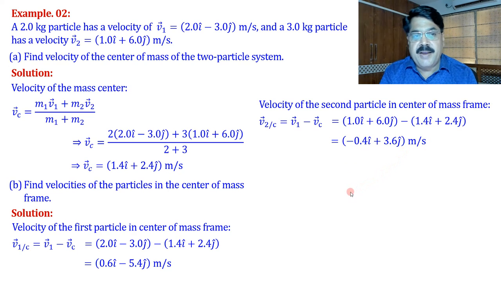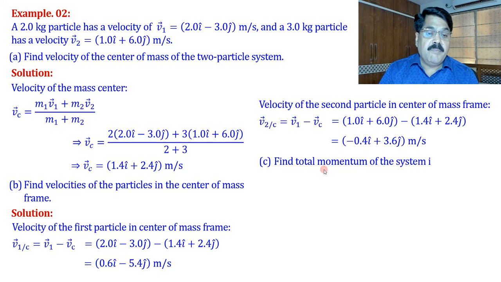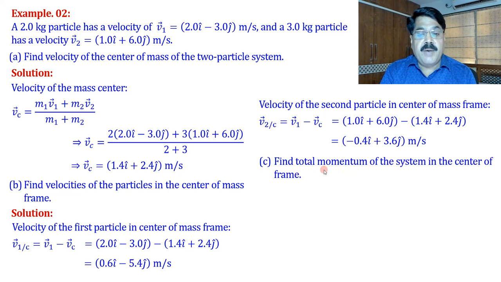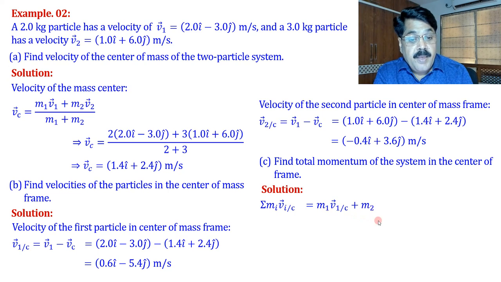Now we verify the idea. The total momentum of the system must be a null vector in the center of mass frame. So in part C, find the total momentum of the system in the center of mass frame. We simply add m1 v1 with respect to c plus m2 v2 with respect to c.